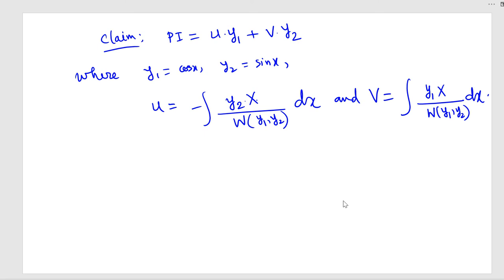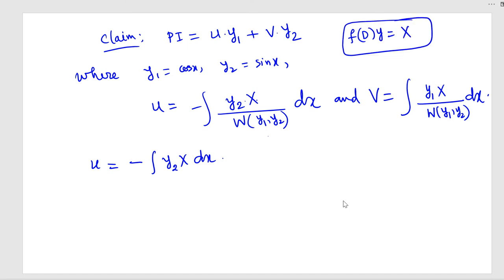Okay. Now we can go through it. So u equals, already we have seen the Wronskian is 1, minus the integral of y2 X dx. And this X is, if you remember, from f(D)y = X, our given equation.